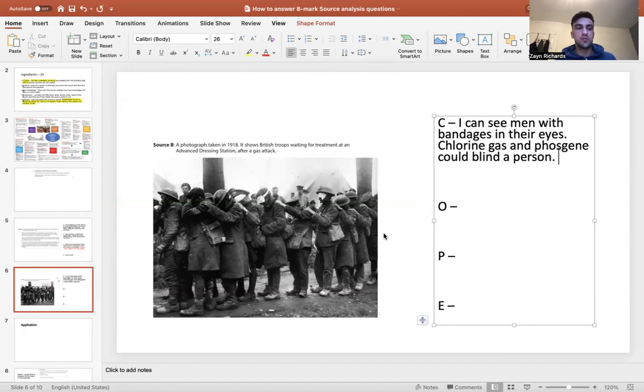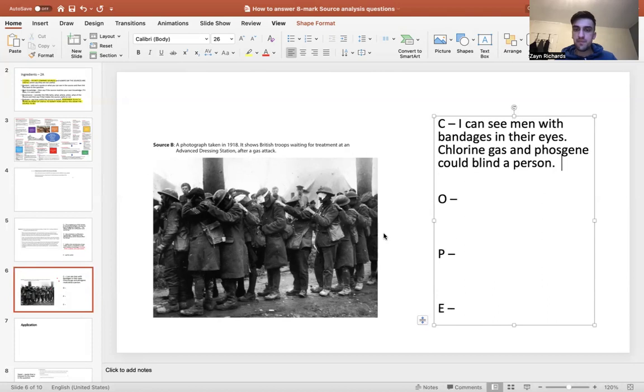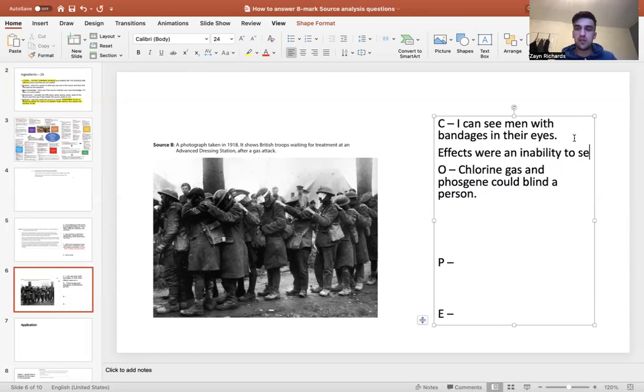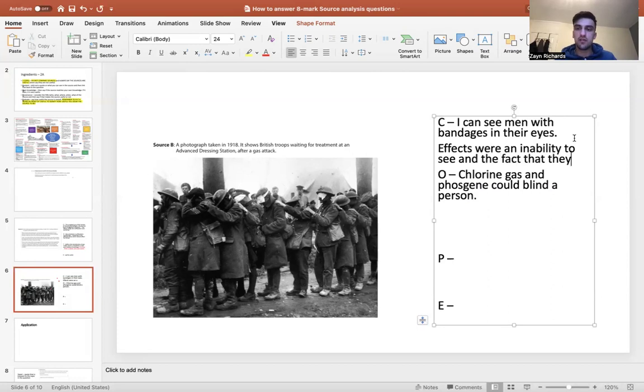Let me just double check my choice of gassing. Sorry, that bit's meant to go on my own knowledge. So here I talk about the fact that the effects were inability to see.